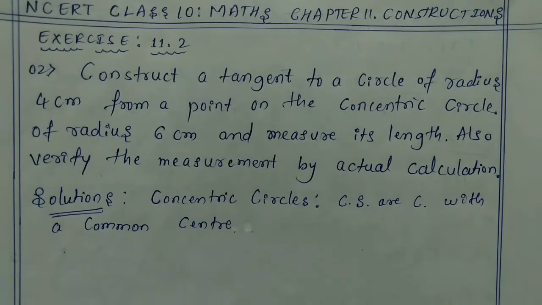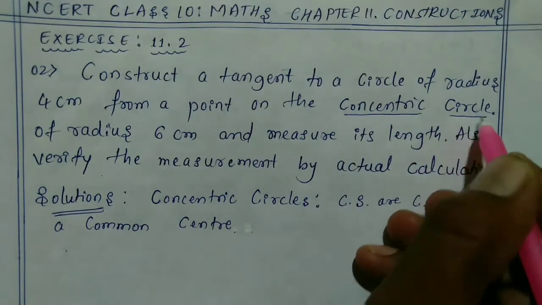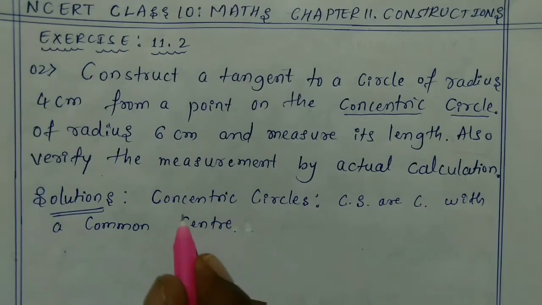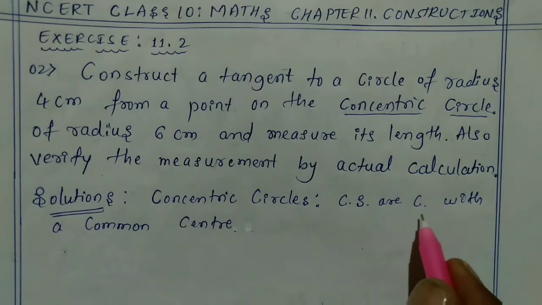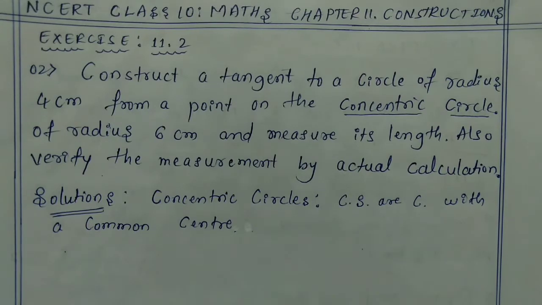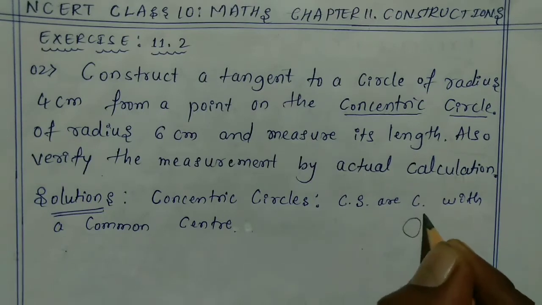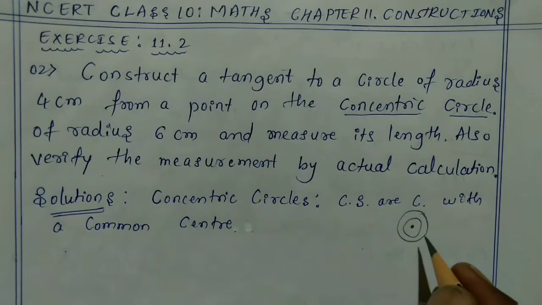So in this question, one word is there, that is concentric circle. First I will explain what is meant by concentric circle. Concentric circles are circles with a common center. It means circles which have a common center are called concentric circles.